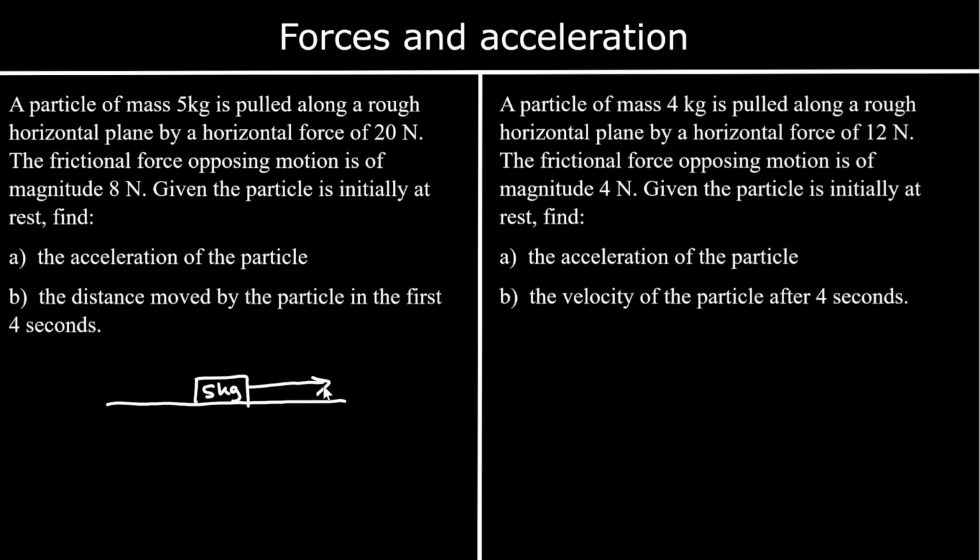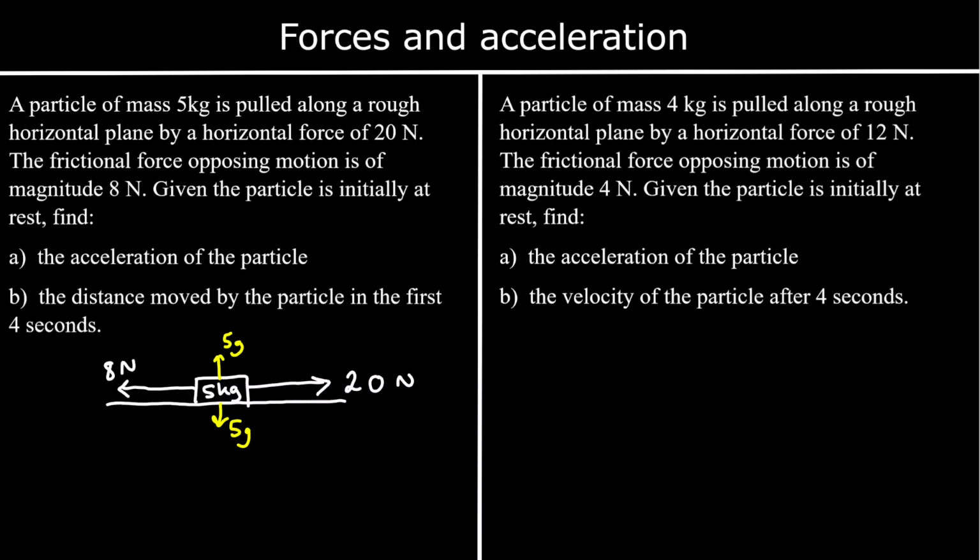It's getting pulled horizontally by a force of 20 newtons. There's a frictional force opposing the motion of 8 newtons. And it's not relevant to the question, but I'll just put in the weight and the normal reaction, which will be equal and opposite because it won't be moving up or down.